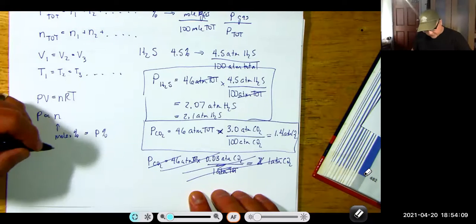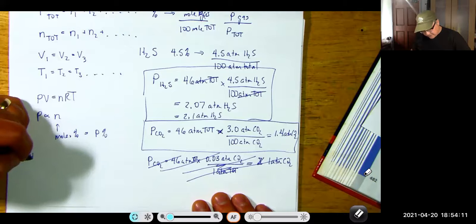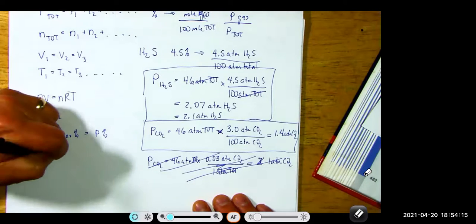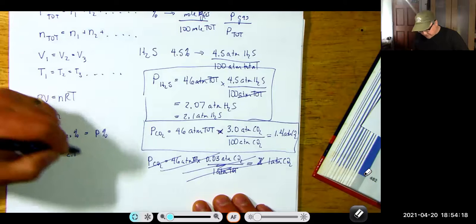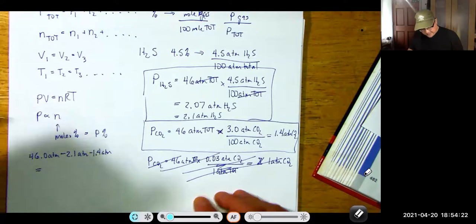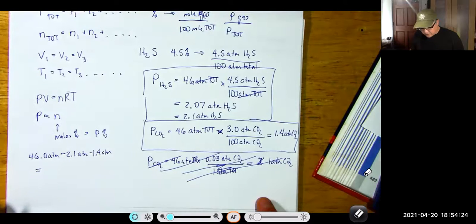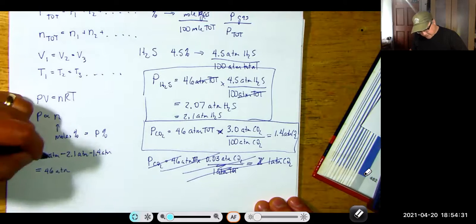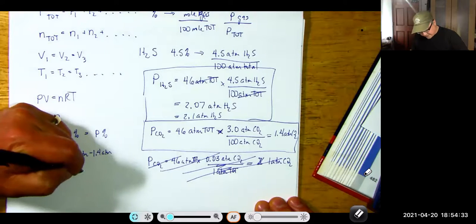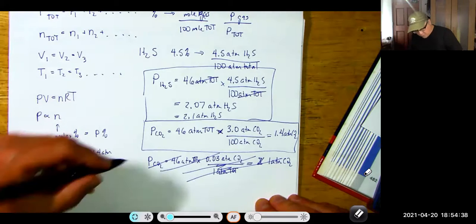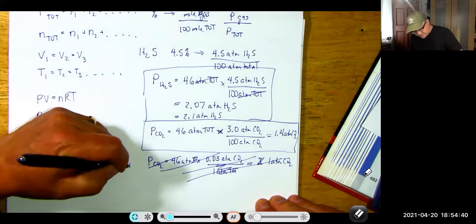But I don't like that as well, because you get 46 atmospheres minus 2.1 atmospheres minus 1.4 atmospheres. And actually we should do this: 46 atmospheres minus 2.07 atmospheres and minus 1.38 atmospheres.